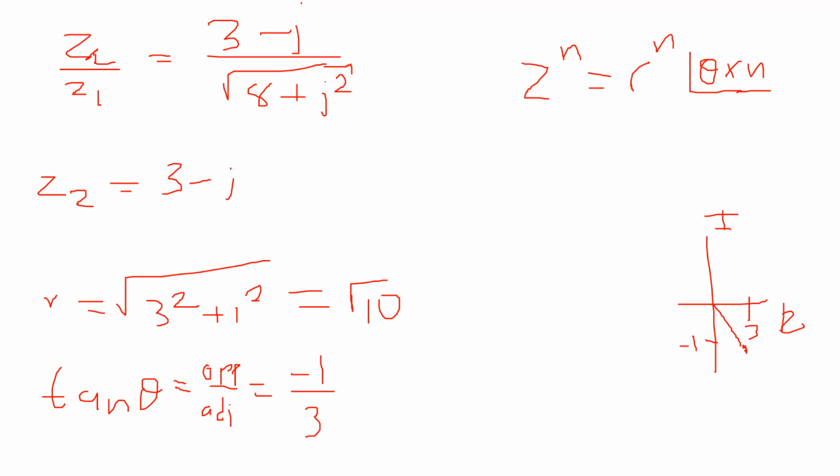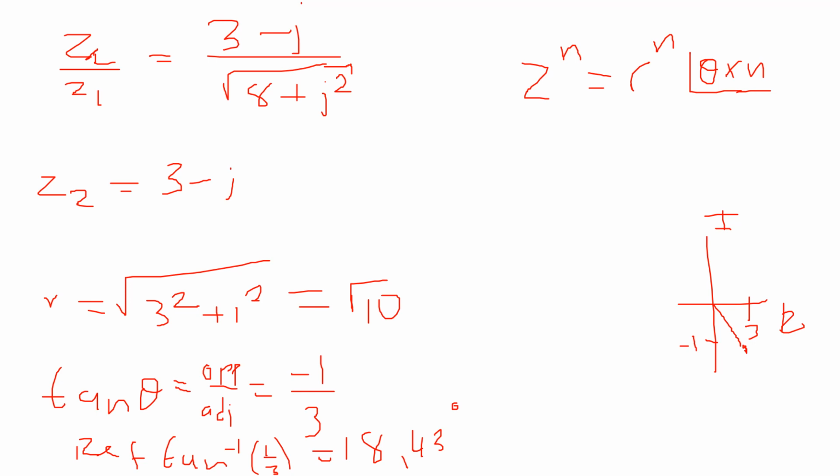So now what we get here will be the reference angle. The reference angle will be the inverse tangent of 1 over 3. How much will our reference angle be? The inverse tangent of 1 over 3 is 18.43 degrees. Remember, on our Cartesian plane this is the 4th quadrant, that means it's 360 minus theta.